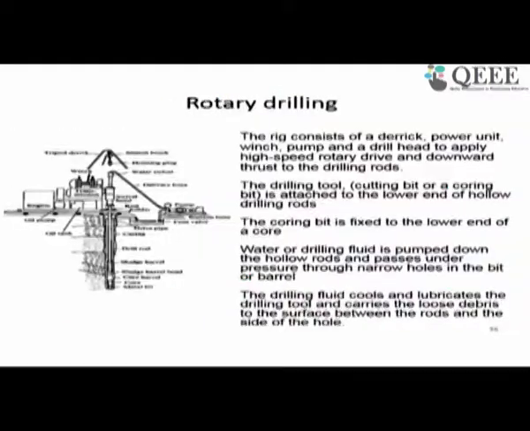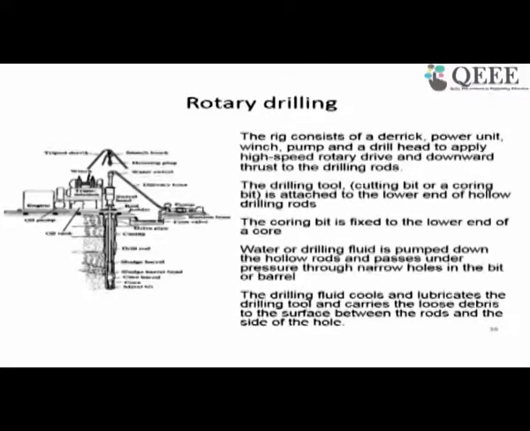The third type of boring is basically rotary drilling. In this case, the drill tool is attached to the lower end of a hollow drilling rod and the coring bit is fixed to the lower end of the core. Now as the drill rod rotates, it cuts the soil through the bit and simultaneously it moves.